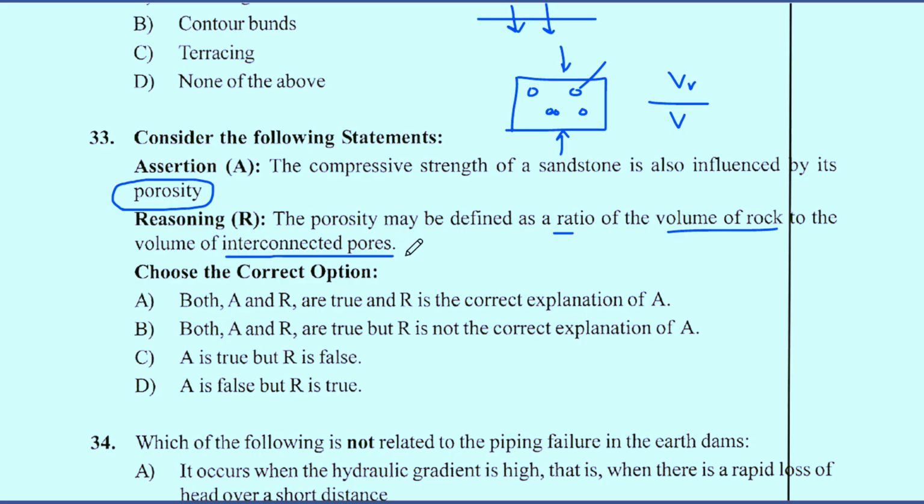We call it intrinsic permeability. So we need volume of voids over total volume in the denominator. So this reasoning is wrong. So only A is true and R is false.